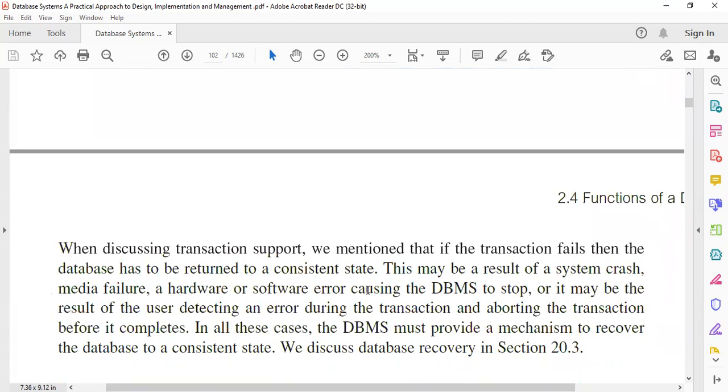The database must be maintained, must be consistent at all times. And in case of those errors, the database must be able to give us the best or the current situation of the database.